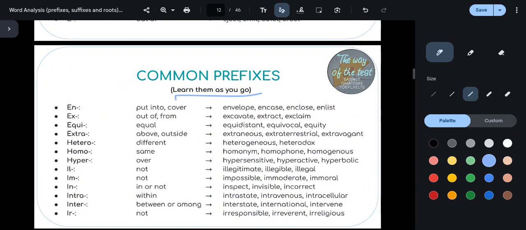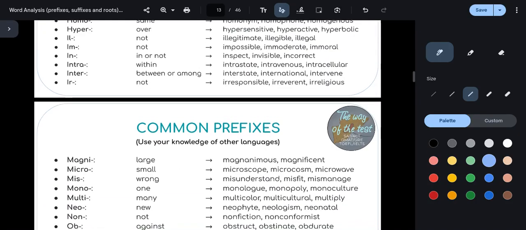I want you to try to learn them as you go, meaning the more words you learn, the more you're going to encounter that certain prefixes repeat, or you're going to encounter that, oh, this prefix is very common in the vocabulary that I'm supposed to study for this specific exam. So you're going to start memorizing them as you go.